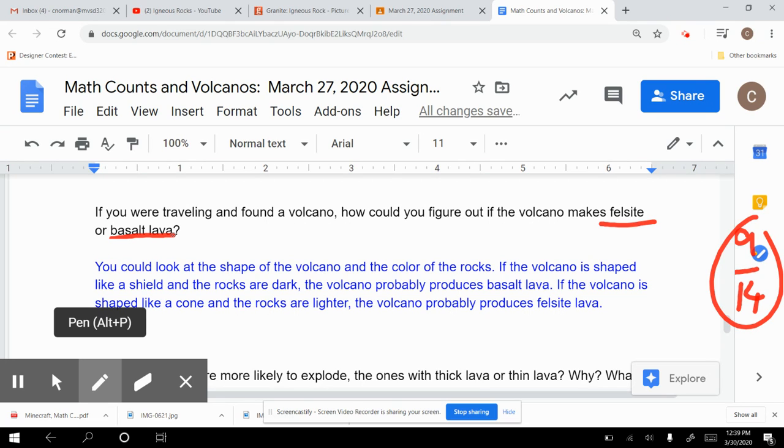So you could look at the shape of the volcano and the color of the rocks. If the volcano is shaped like a shield, more rounded and low, and the rocks are dark, which means that they're basalt, the volcano probably produces basalt lava. If the volcano is shaped like a cone and the rocks are lighter in color, like a light gray, the volcano produces felsite.